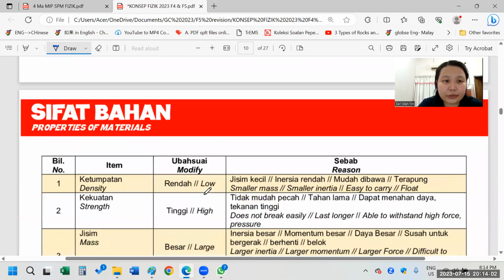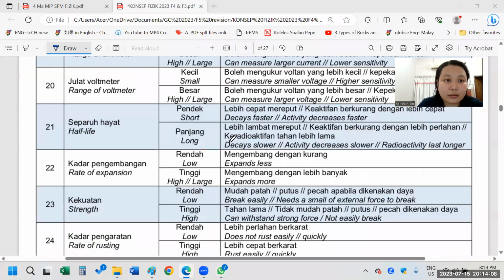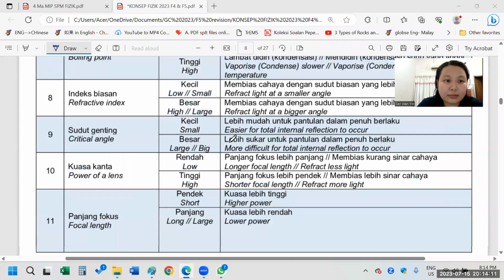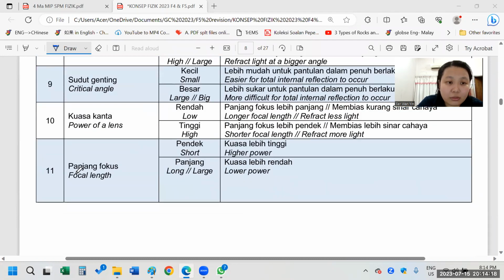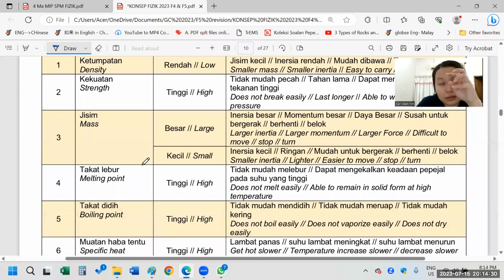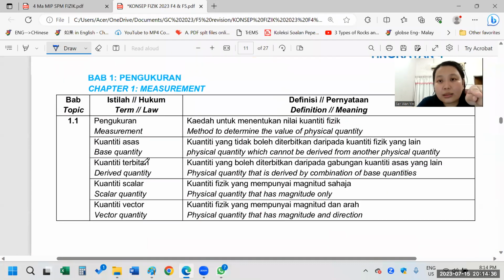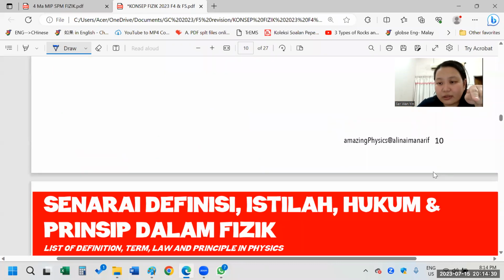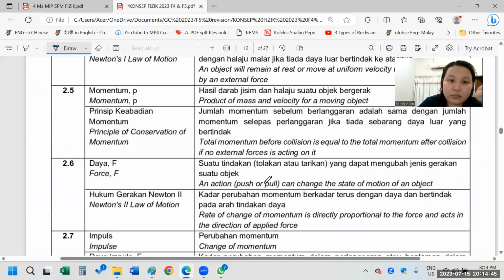Then here is a question: 老师，请问什么是 focal length 啊？ Focal length, we will discuss later. We first go through Chapter 4, Chapter 5, Chapter 6. So for focal length, you can find the definition here, starting at page 11. This is Form 4 chapter 1, chapter 2.